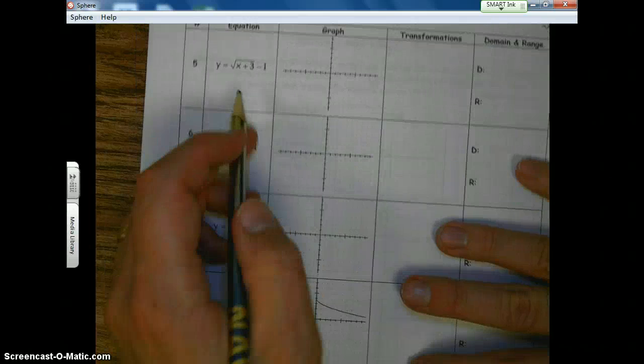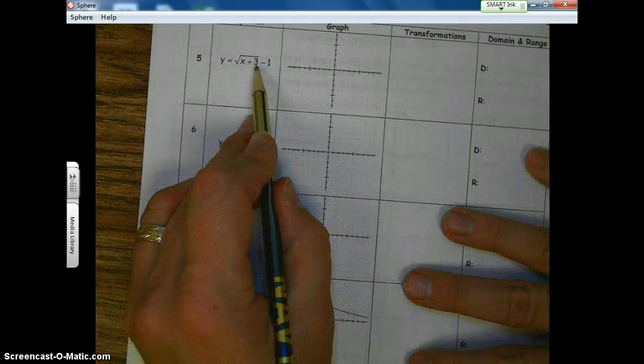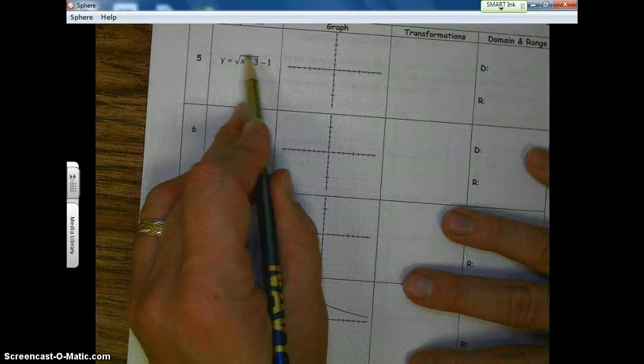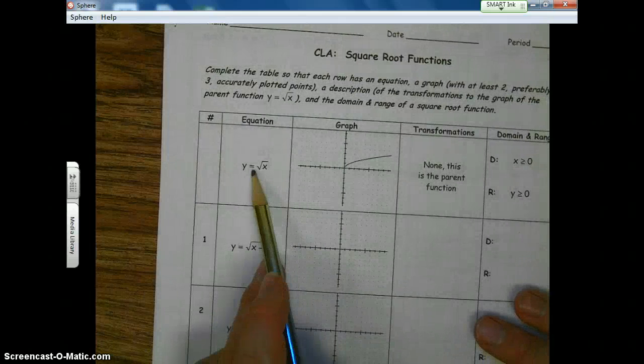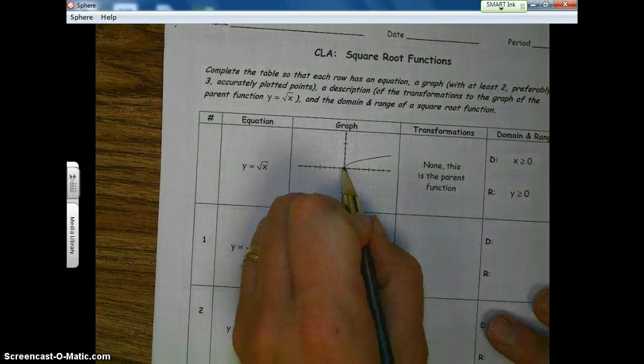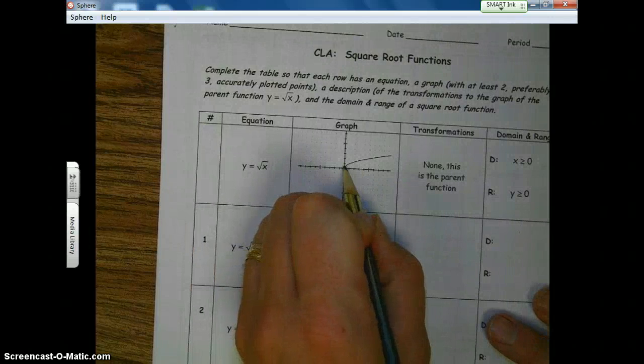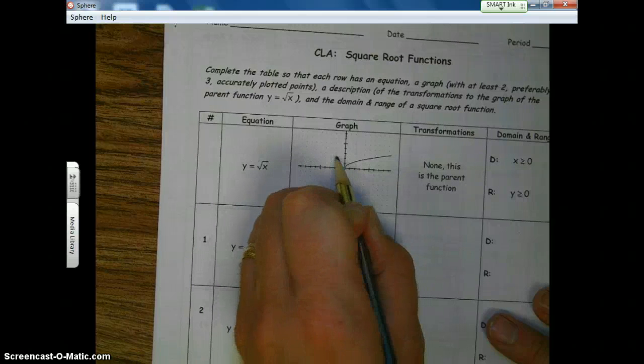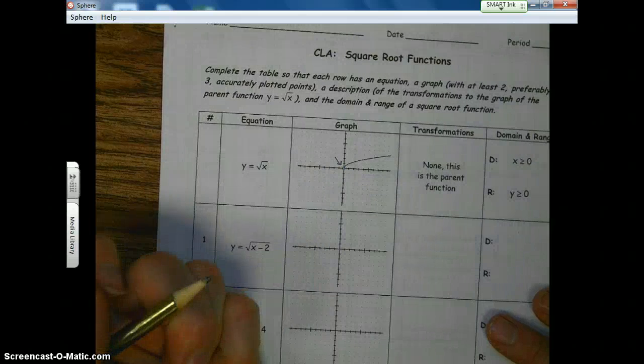So here we go. We have 3 units, the square root function, and by the way, the one before number 1, here's your parent. Remember that when we translate the graph, we're moving this special point. That's the point we're translating.